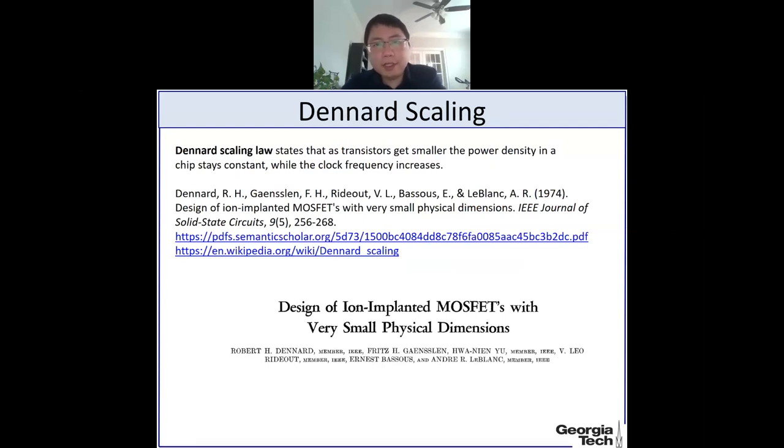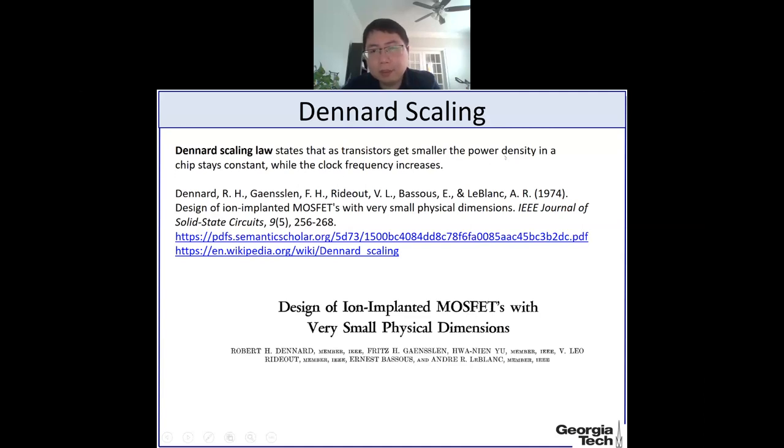But there's another scaling rule we are going to discuss in more detail today, called the Dennard scaling law. This one not only predicts the number of transistors, but also talks about the power density in the chip and also the clock frequency in the chip. So the conclusion is that the transistor will get smaller as we scale. Meanwhile, the power density in a chip will stay the same.